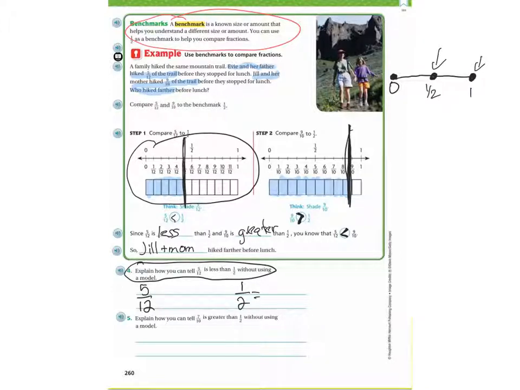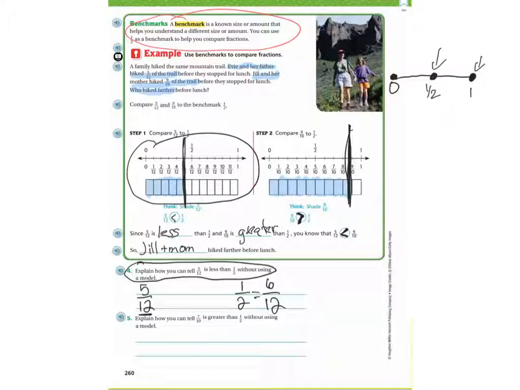I'm not even going to multiply. I just want you to look at the number. What's my bottom number? What's my denominator? 12. What's half of 12? 6. Very good. 6/12. So I can compare 5/12 as less than 1/2 without using a model.